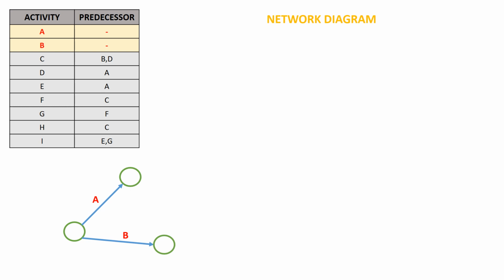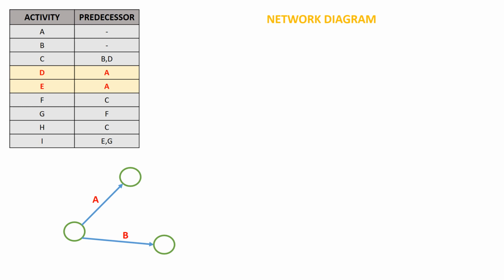Now let's move on to the next activity. Now I am skipping activity C, because for activity C I have predecessors as activity B and activity D. Now we can see from the network diagram, I do not have activity D yet. Therefore, I cannot represent activity C in the network diagram at this point.